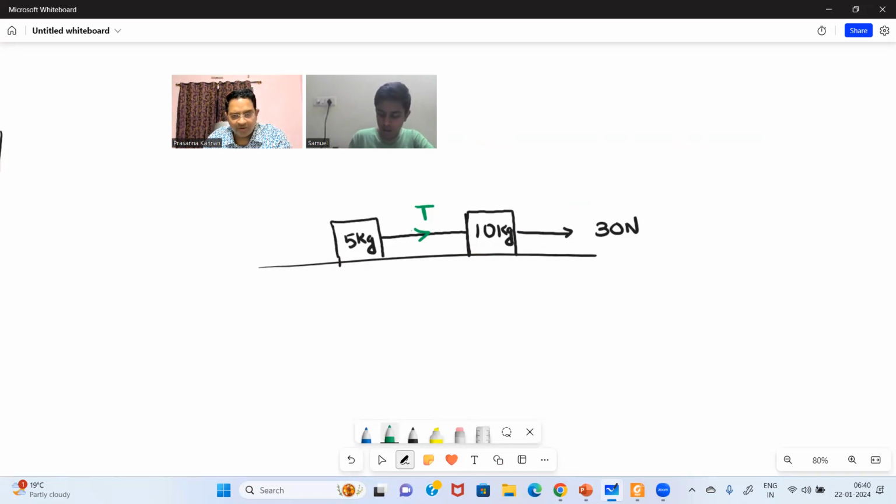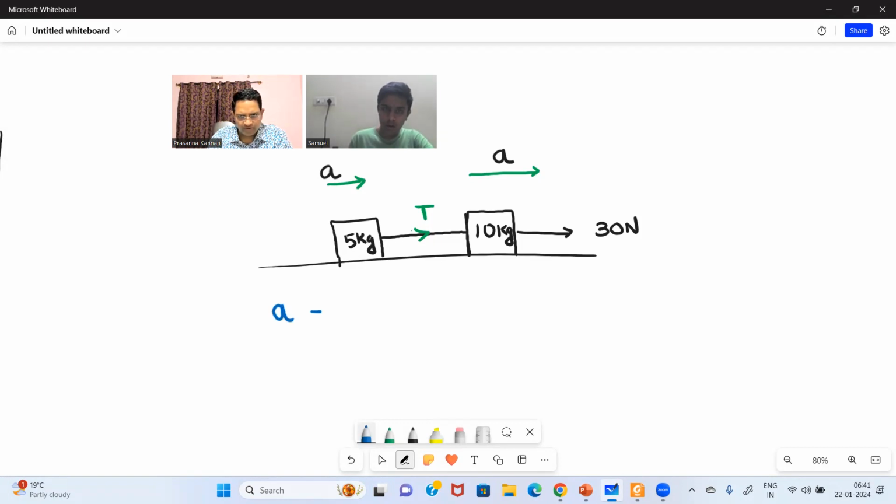And because both of them are connected to the same string, they both will have the same value of acceleration. So, sir, how do you find acceleration? How do you find the value of tension? Those could be questions for you.